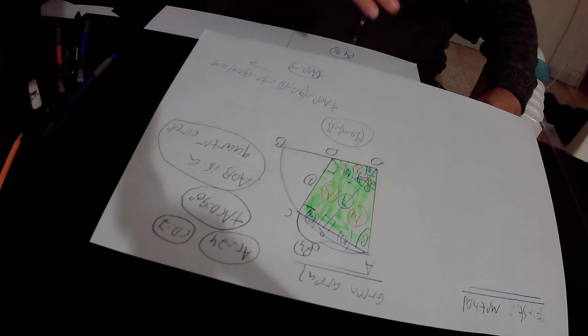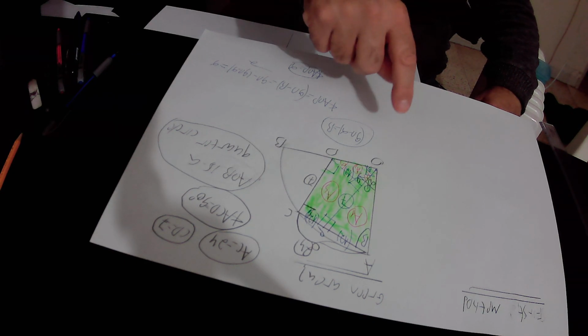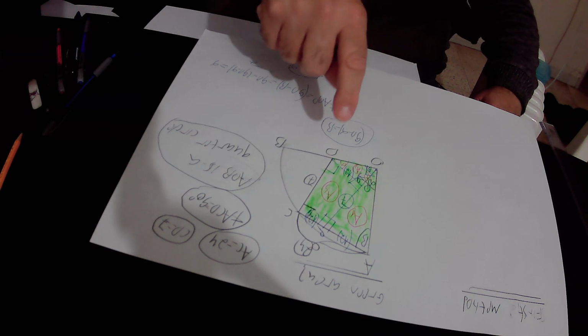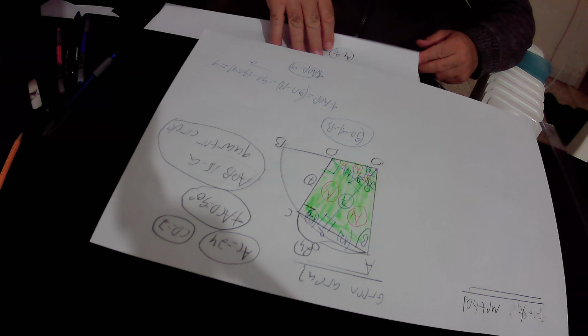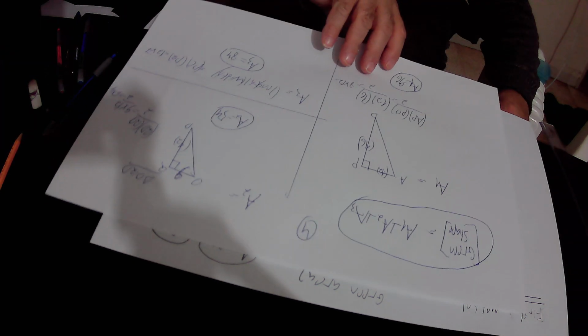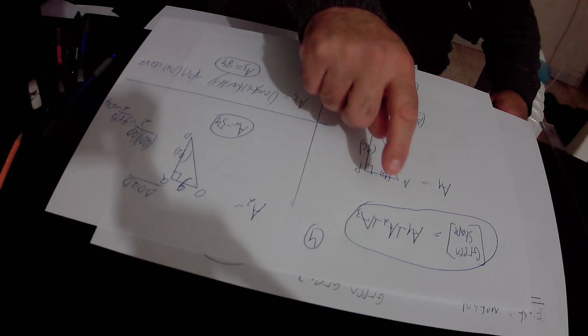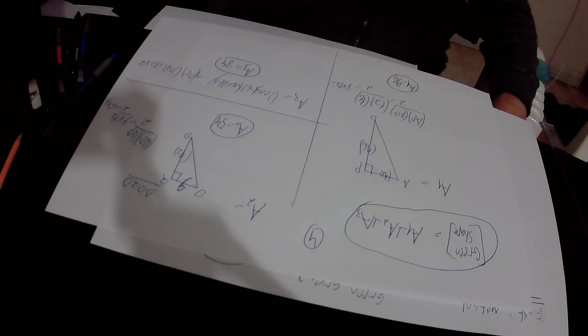It is obvious from the drawing that the total area of the green shape equals A1 plus A2 plus A3. We calculate each area separately and then add the three areas together.